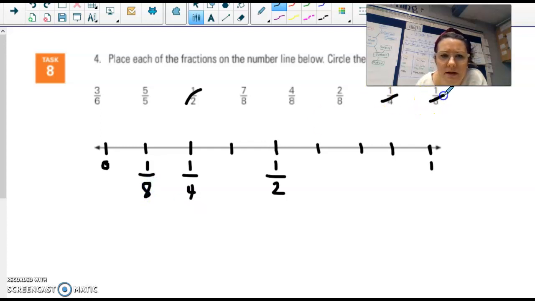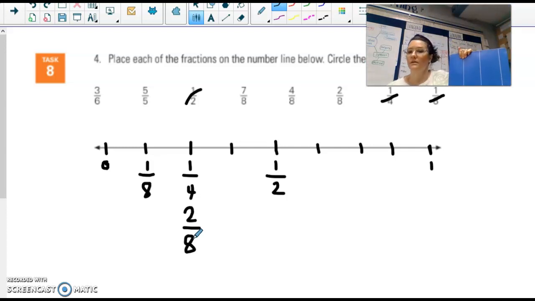Okay, so mark that. The next one, 2/8, and that is equivalent to 1/4. It takes 2/8 to make 1/4, and I can double check that with my fraction tiles. Here's 2/8, and that equals 1/4. Okay, that makes sense because if I divide a fourth in half, if I have my whole, it would make eighths.